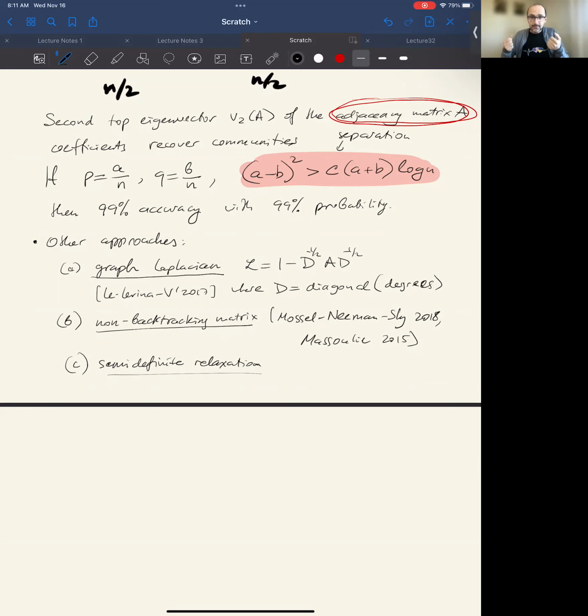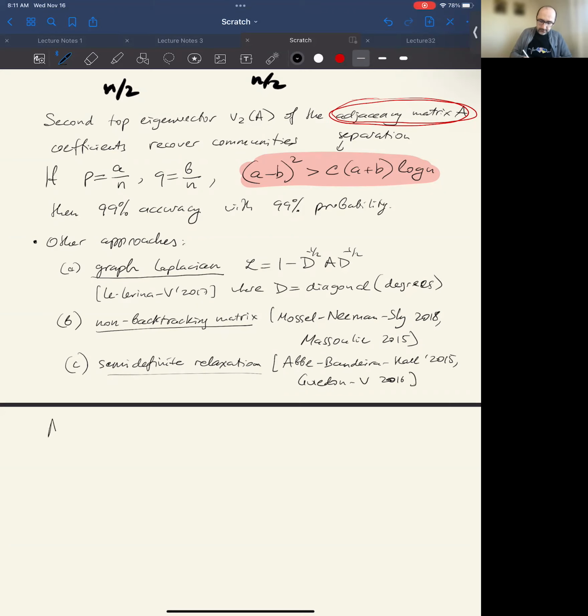And we have studied these combinatorial problems, and we showed how to relax them to semi-definite programming a long time ago in this class. So that approach is also very popular and very useful. It's due to Abbe, Bandeira, and Hall. Beautiful work, 2015. Also Guédon and myself, 2016.